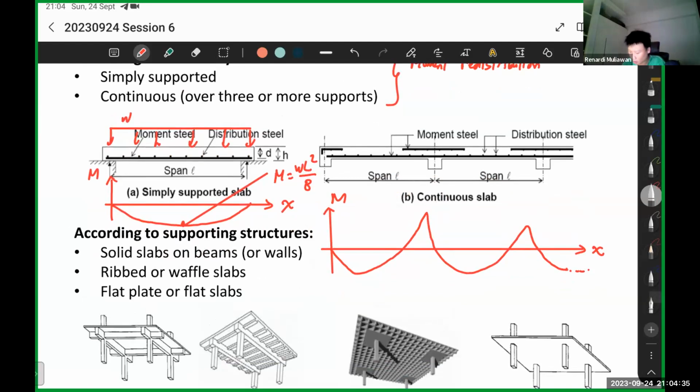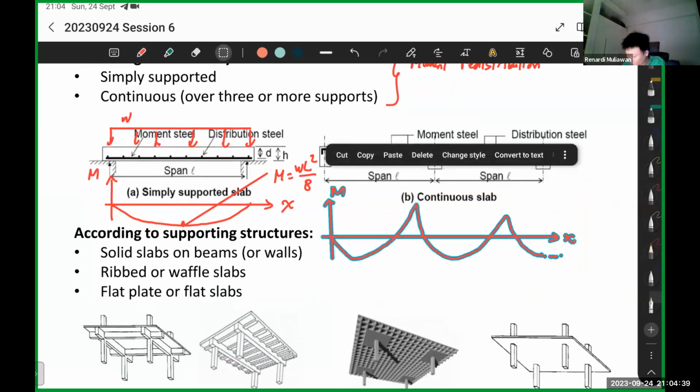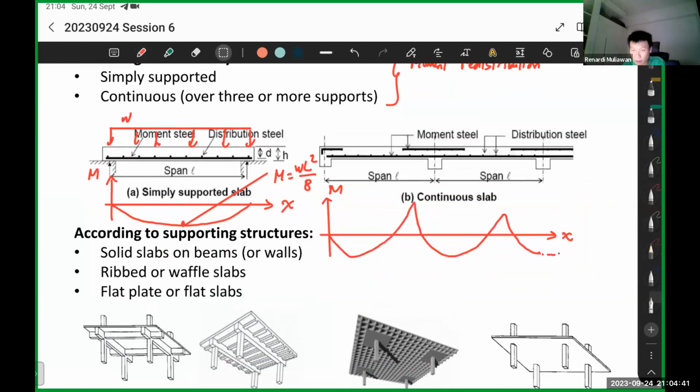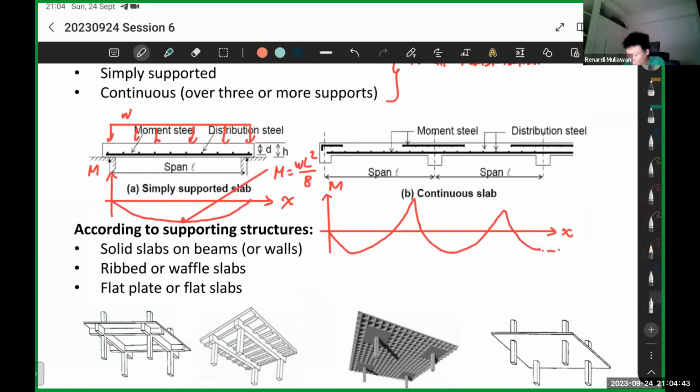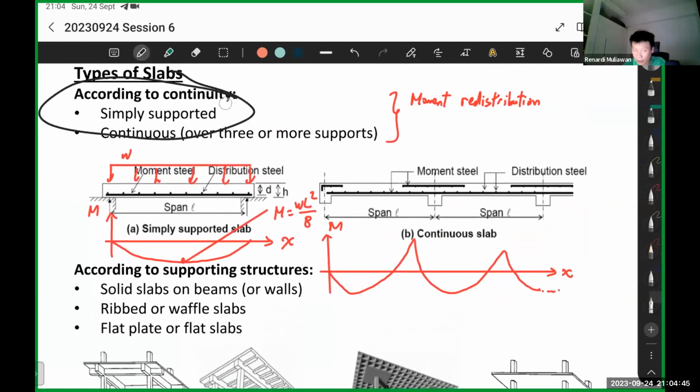Again, this depends on the question or your assumption, like how much is the redistribution. So that's the importance of differentiating slabs based on continuity.